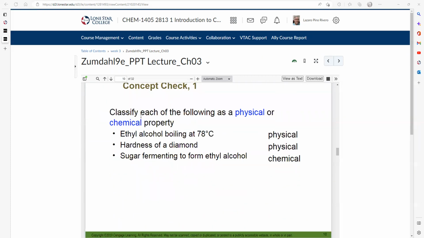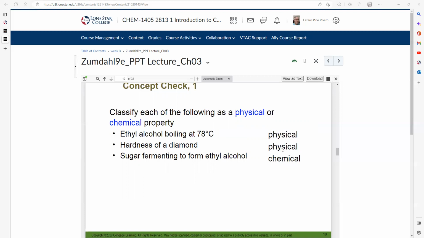Well, look at this. Classify each of the following as physical or chemical property. Ethyl alcohol boiling at 78 Celsius degrees. It is physical because when you measure the change of state, ethyl alcohol only changes state but never changes into a new substance.